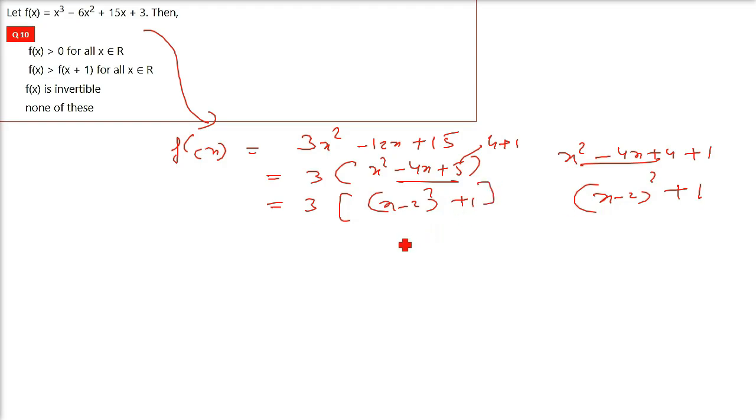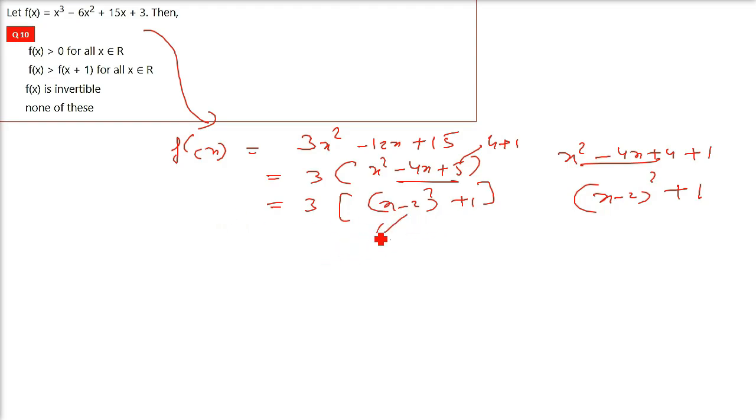So what do you get here? First of all, this 3 is positive. (x minus 2) whole square is positive. Anything added to a positive value will again be positive. We have modified this equation in such a form that we can tell it will always be greater than or equal to 0.